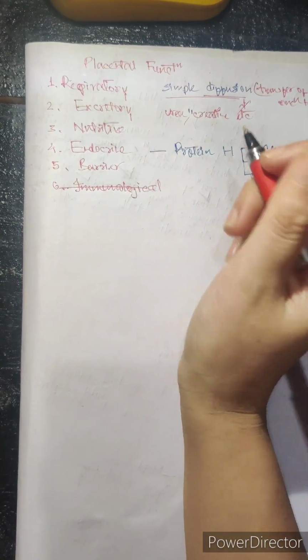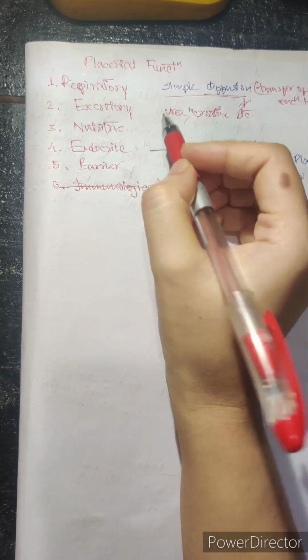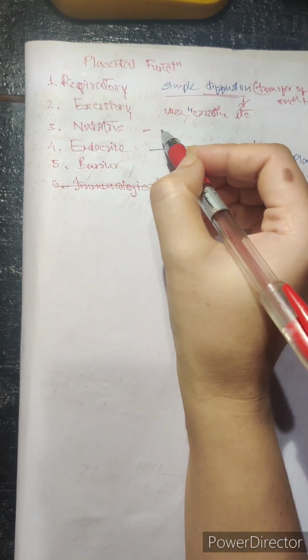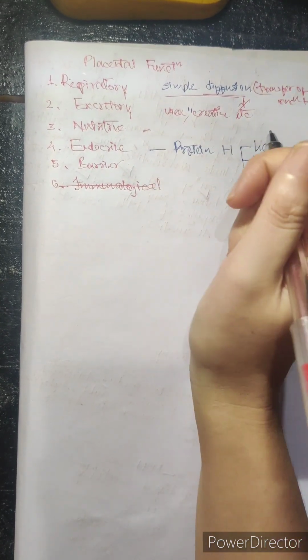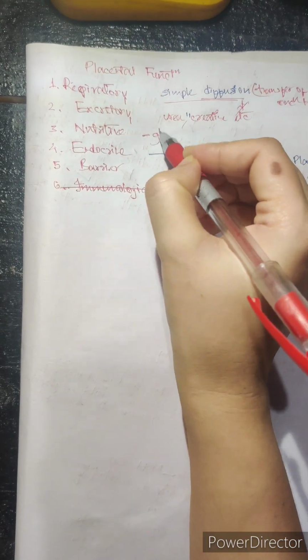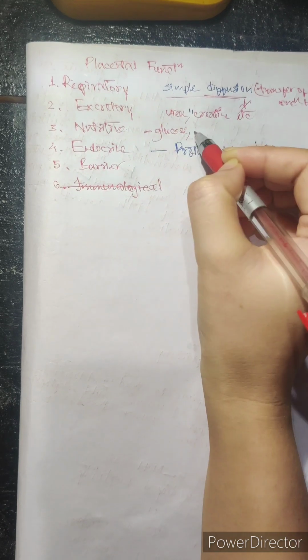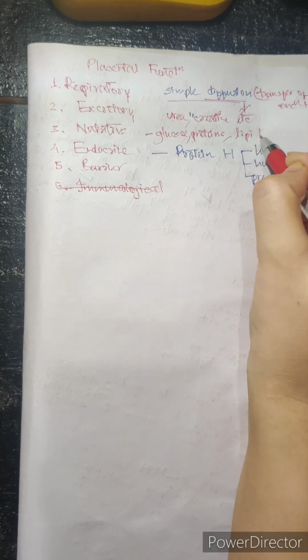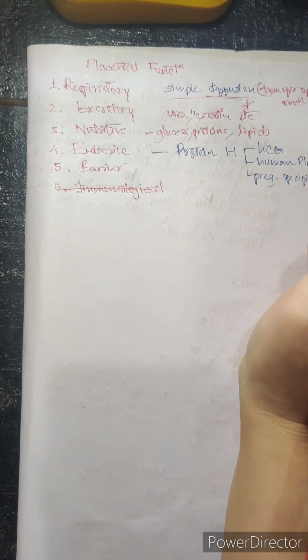The third function is the nutritive function. The fetus requires, like any other normal human, glucose, proteins, and lipids, which are necessary for the growth and development of the fetus, right?